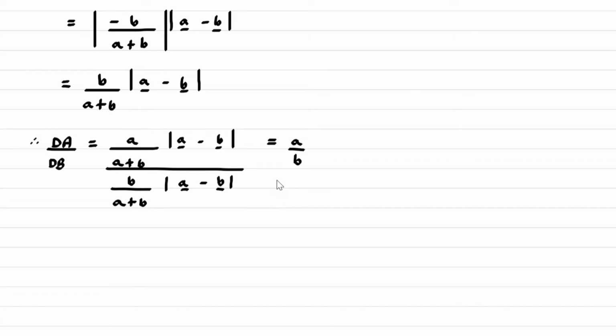So I've got a over b for the ratio dA to dB. So therefore dA over dB is equal to OA over OB, which is equal to a over b.